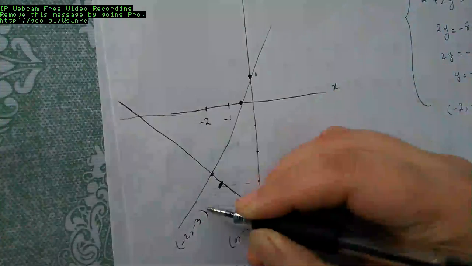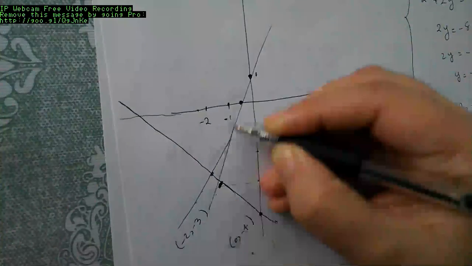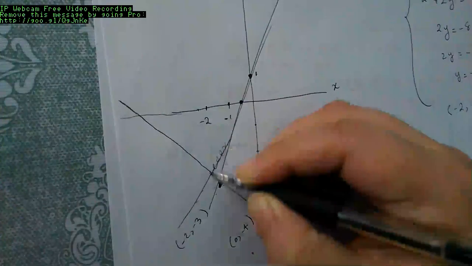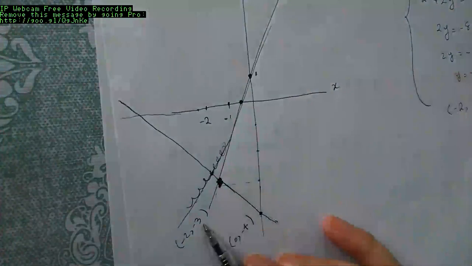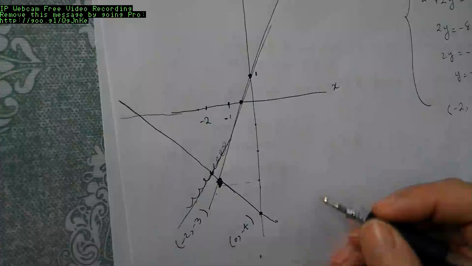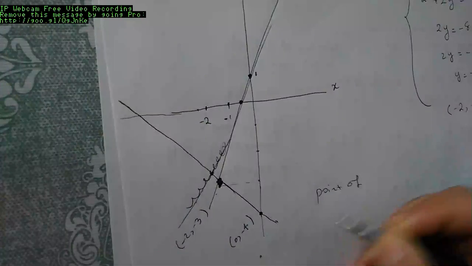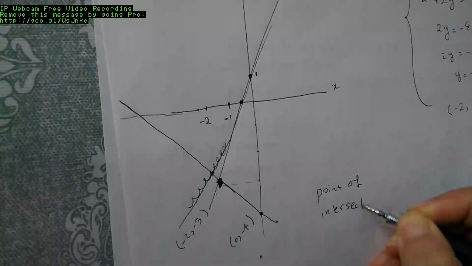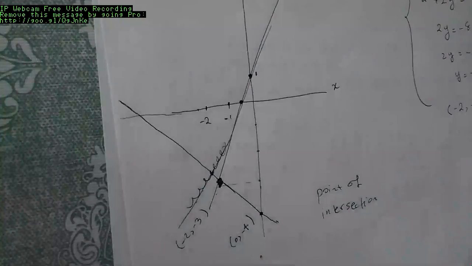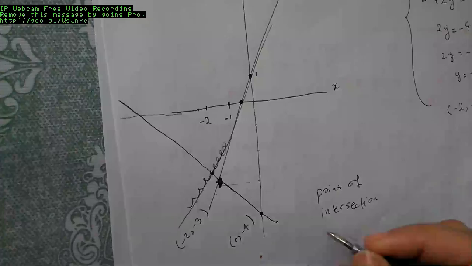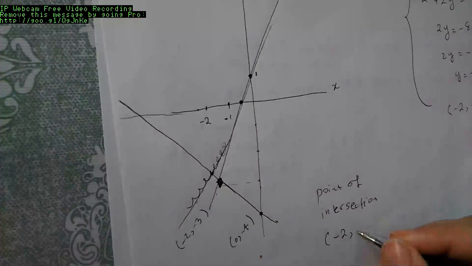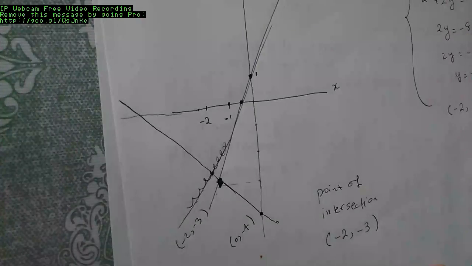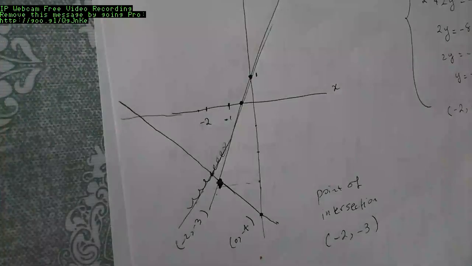Let's see, this is my line, right? The point of intersection is approximately -2, -3.